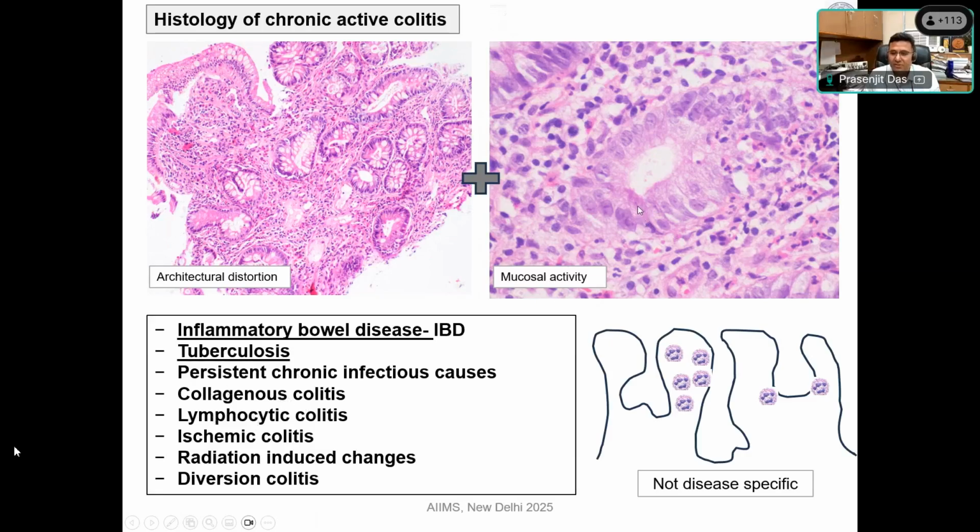Microscopic colitis can also sometimes cause this type of change. Chronic ischemic colitis can cause architectural distortion. Radiation-induced changes and chronic diversion colitis can also show chronic active changes. So whenever you see this type of picture under the microscope, it is not specific for any disease. Is that clear? Okay. Chronic active colitis is a histological finding. It is not specific to any disease.